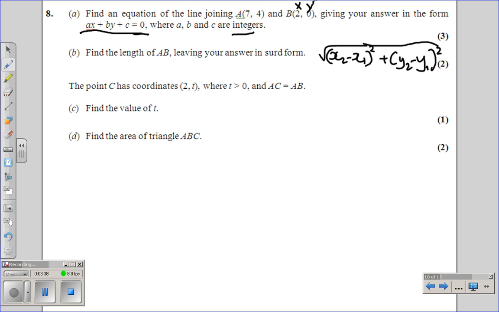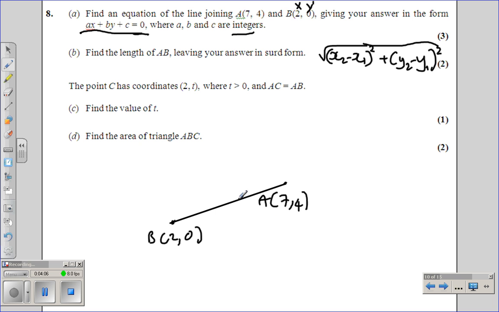It's just Pythagoras. If you're not sure on that and you prefer to draw things out, it takes a little bit longer maybe, but if you just plot these points roughly, 2, 0, that's here, and 7, 4, that's here, and we want to find this distance. Let's have a nice straight line.